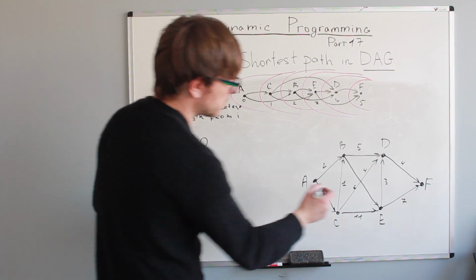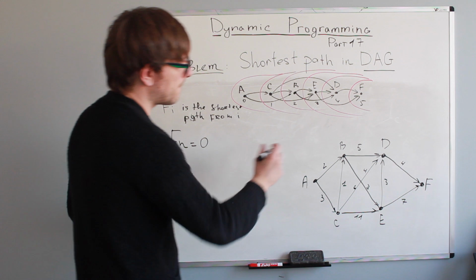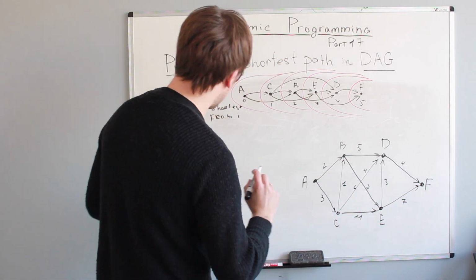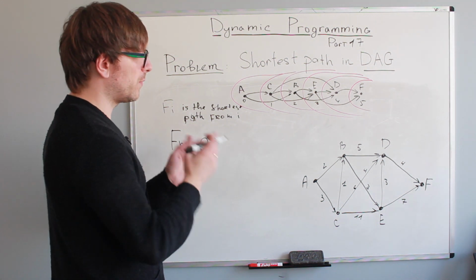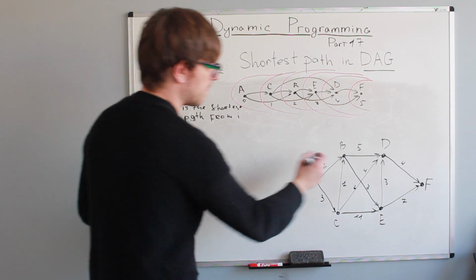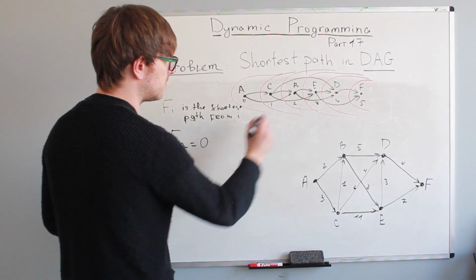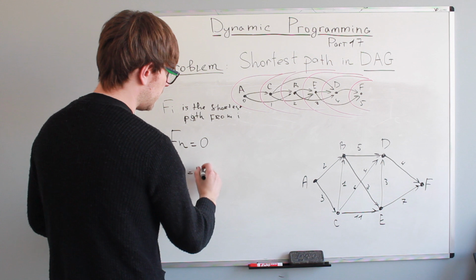So this one doesn't have a weight, so let's say the weight is 3. From B, we can go to D, or we can go to E, right? But we need to pick the minimum, because we're looking for the shortest path. So when we are at B, we can go to E or to D. So we need to pick the minimum.